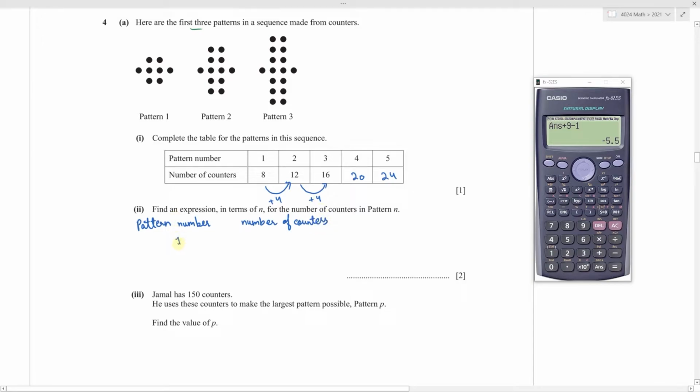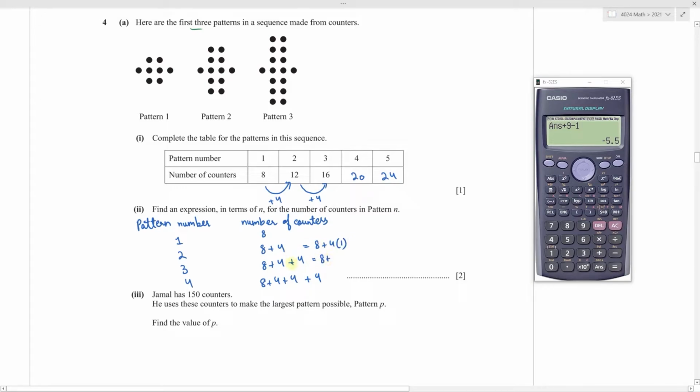Pattern number 1, you have 8 counters. Pattern number 2, you added 4, 8 plus 4. Pattern number 3, you added another 4 to the previous number, so 8 plus 4 plus 4. Pattern number 4, you added another 4 to the previous number, so previous number was 8 plus 4, and then another 4.